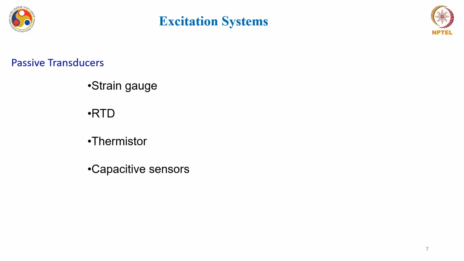We know that passive transducers do not generate energy by themselves and will require external power for their operation. We have seen a number of passive transducers in our transducer module, which was the previous module. We have seen strain gauges, RTDs, thermistors, capacitive transducers, all of which require a kind of excitation energy for their operation.